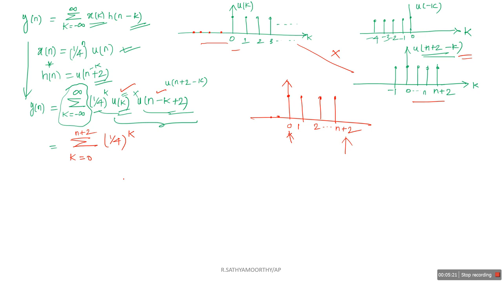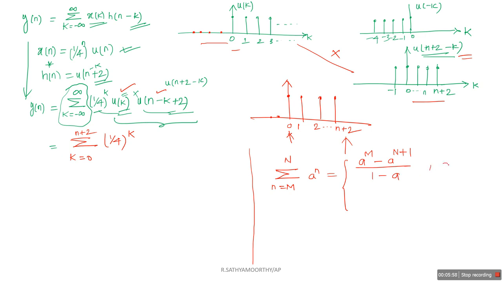Now we apply the standard formula. You can apply it whenever a discrete time convolution question is asked. The summation from n equals N1, the lower limit, to N2, the upper limit, of a power n equals a power lower limit minus a power upper limit plus 1, divided by 1 minus a.